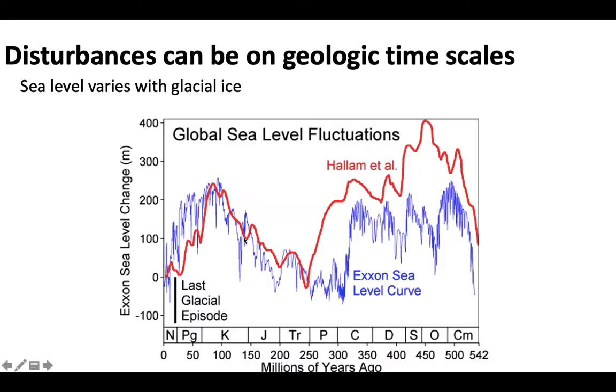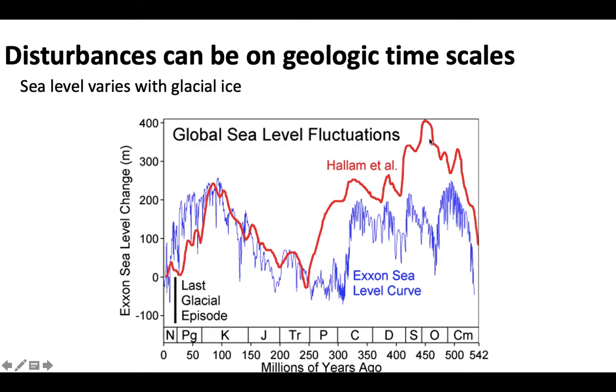And if you look at this graph, right, this is millions of years ago. So as we move to the right on the x-axis, we're going further back in time. And on the y-axis here, we've got the sea level change in relation to the glacial ice. So we can see that over time, the sea level has varied multiple times. This is where we are today at 0, that's the baseline.